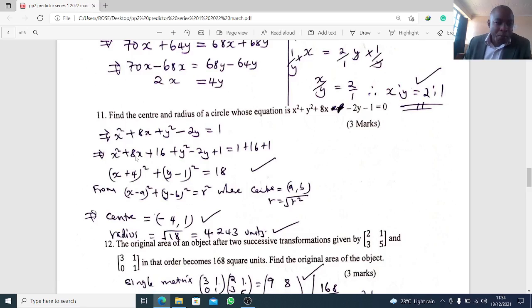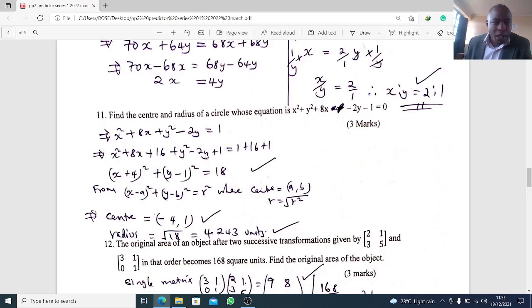So x squared plus 8x plus b over 2 squared: 8 over 2 is 4, 4 squared is 16. So it's plus 16. For this part, y squared minus 2y plus b over 2 squared: negative 2 over 2 is negative 1, squared is 1.